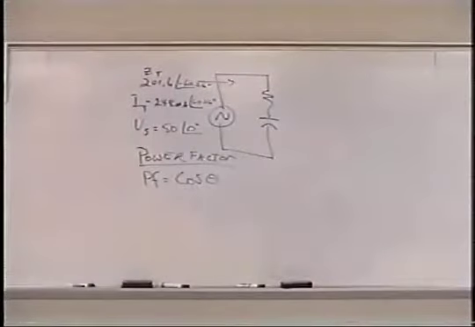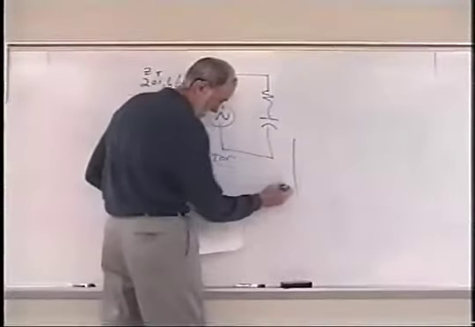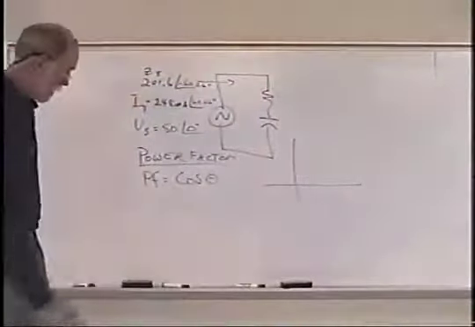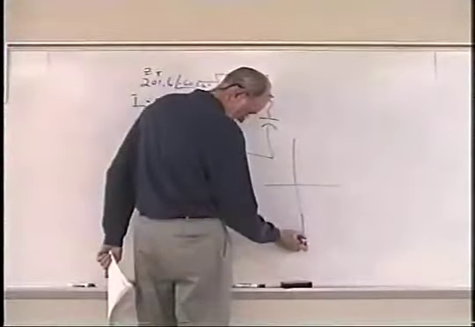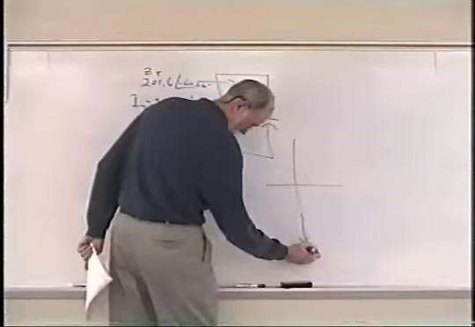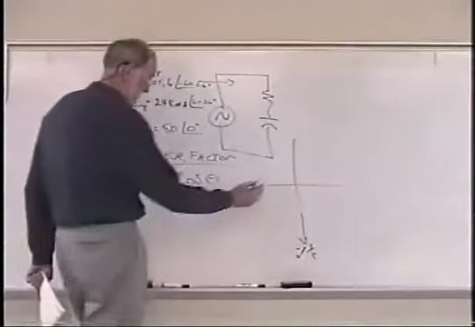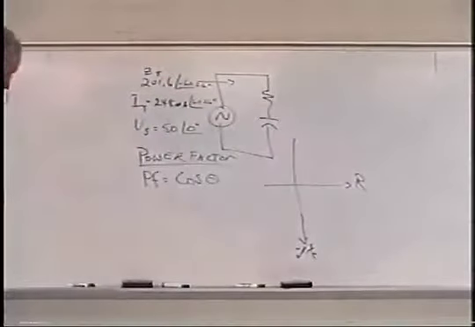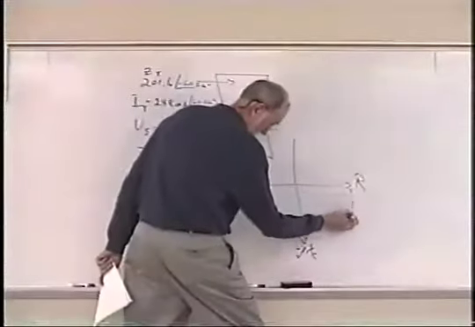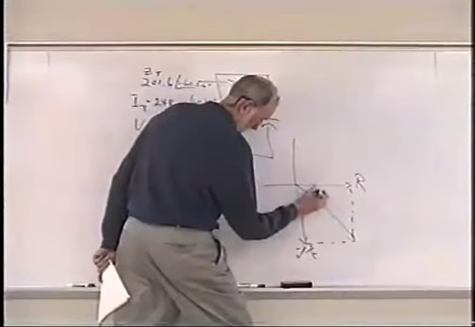Now then, if we take a look at our vector diagram for this circuit, if you will recall, we would have had our X sub C in the negative direction here, and we have our resistance in the 0 degree direction, and we have this impedance vector here where this is theta and this is about 60 degrees.